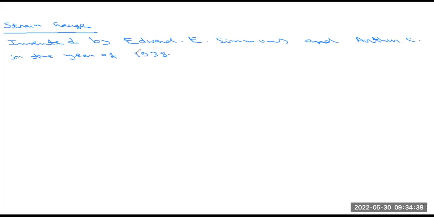So please remember these things also. The strain gauge was first invented by the scientists Edward Simmons and Arthur Ruge, both in 1938. So first of all, you have to know what a strain gauge is.